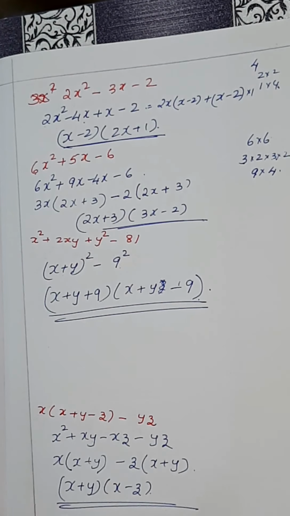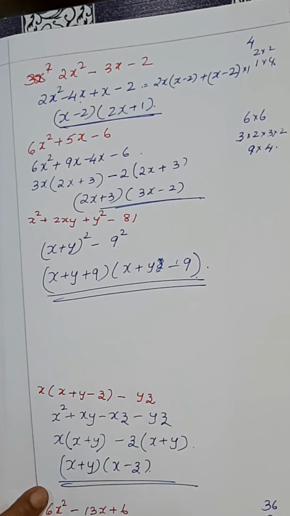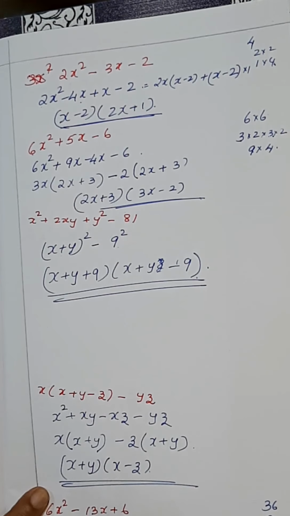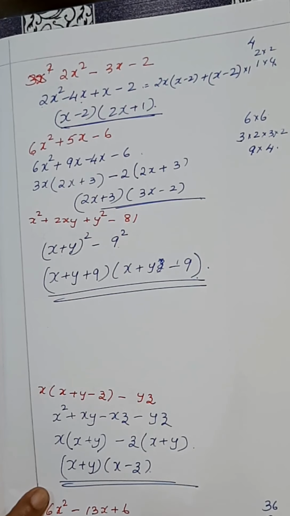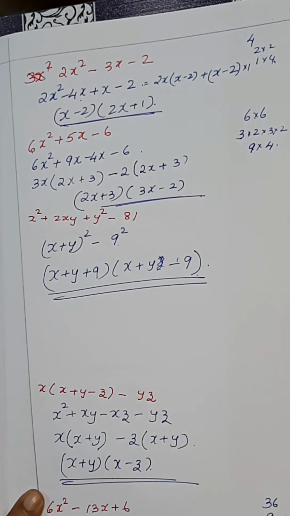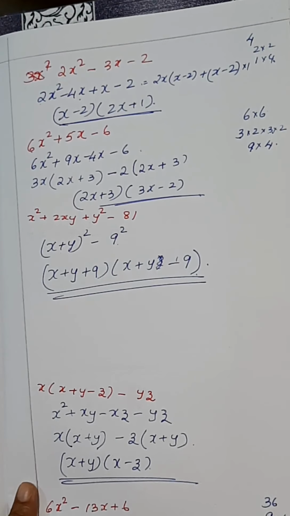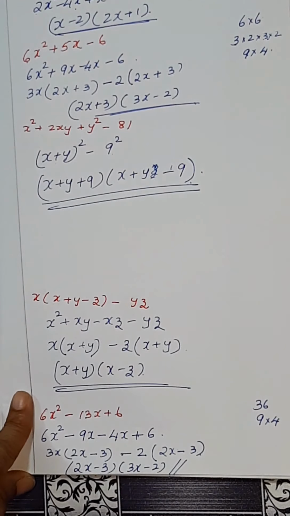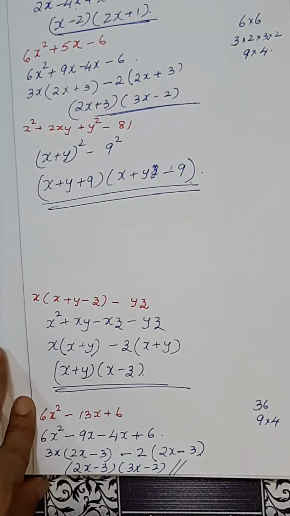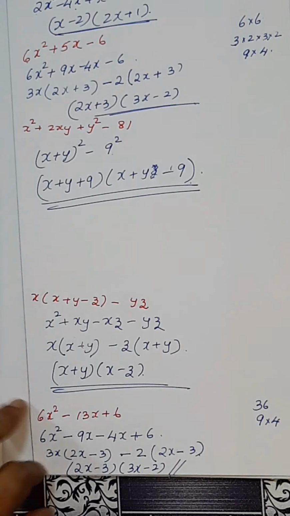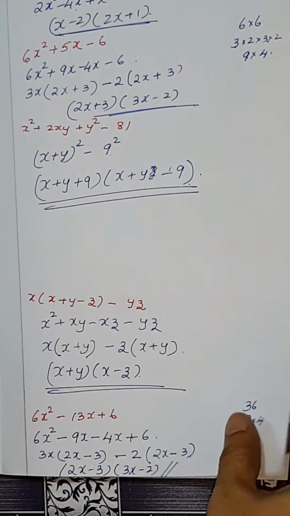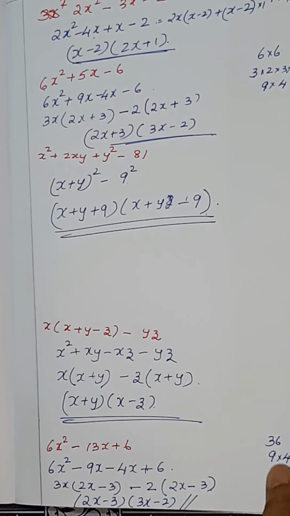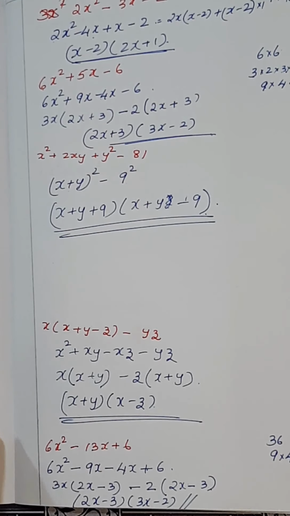So you have 2x minus 3 as common, into 3x minus 2. Hope it is clear for you.